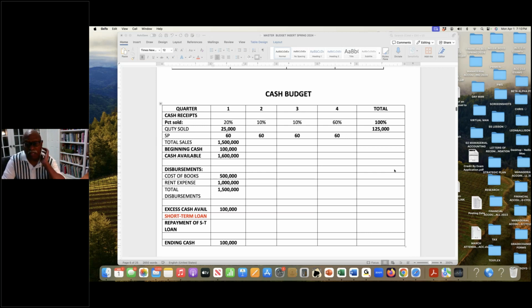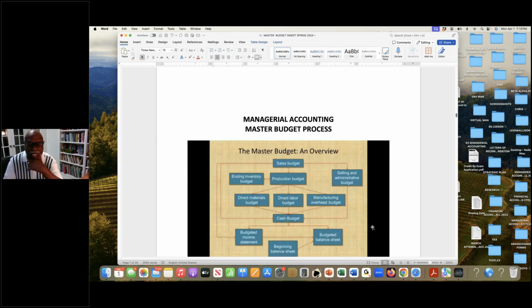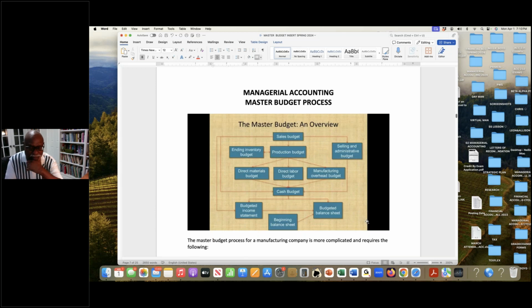Okay, so I want you all to work on this. We'll go over it when we get to class. And then we're moving through the managerial process for a master budget, which is a little more complicated because you're making something. So you got a lot more categories.